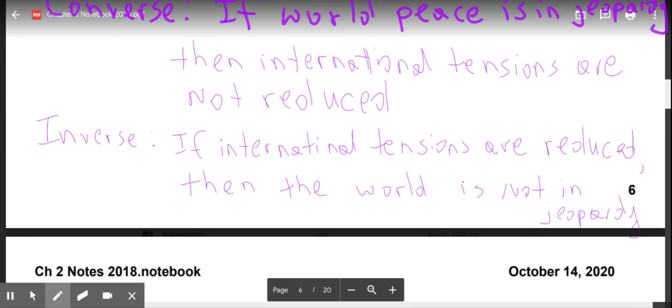And the last thing I want you to do is to create a contrapositive. How do you create a contrapositive?